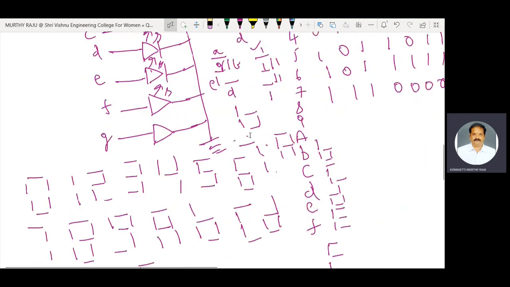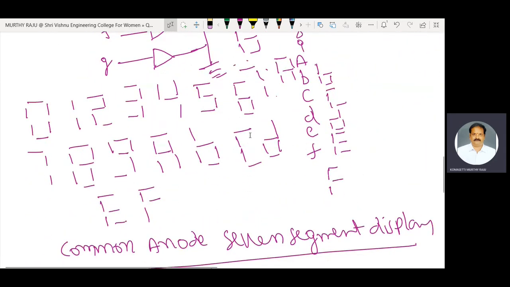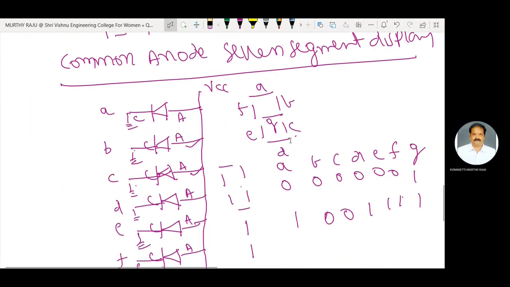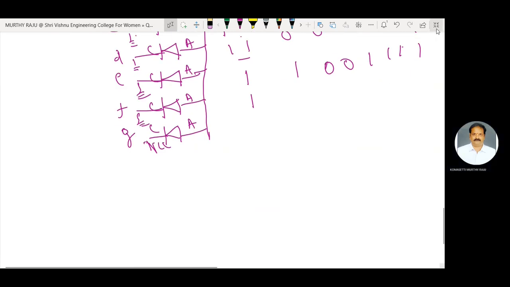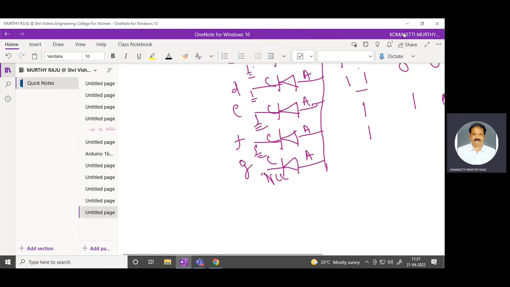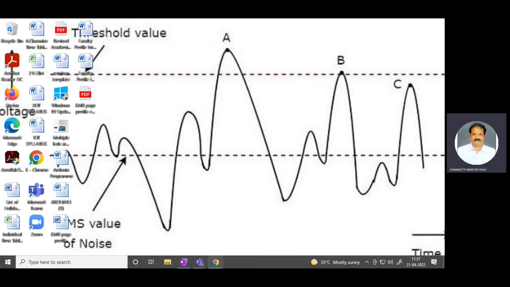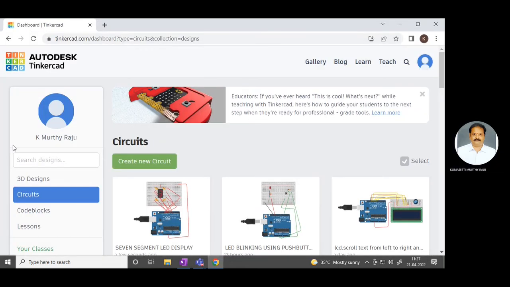Now identification of whether a given LED is a common anode LED or a common cathode LED. How to identify is very important. Now I will explain how to identify it. Common anode configuration of a 7-segment display.